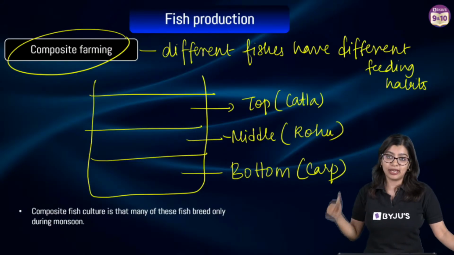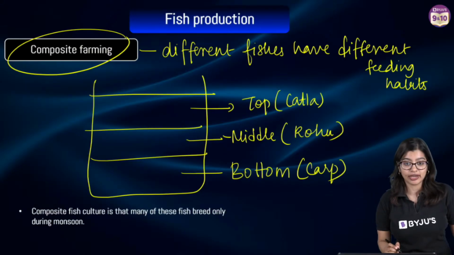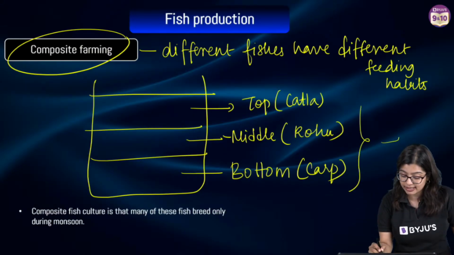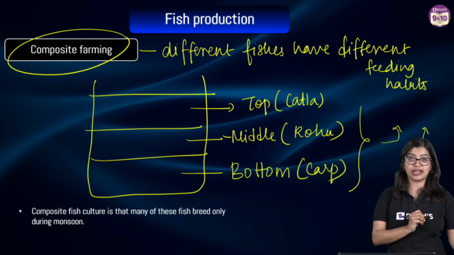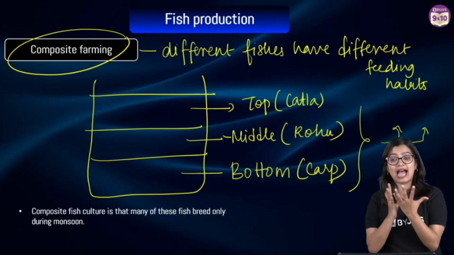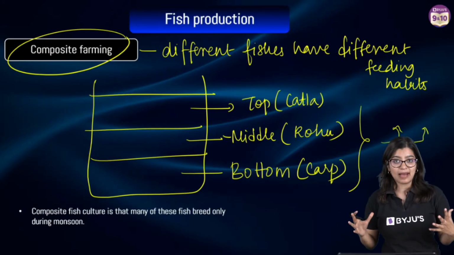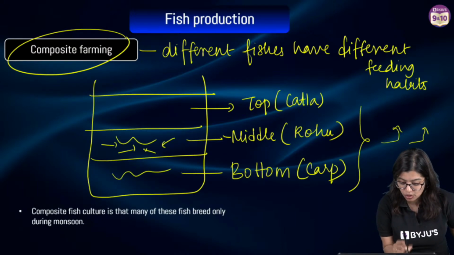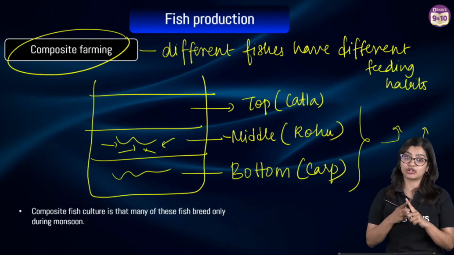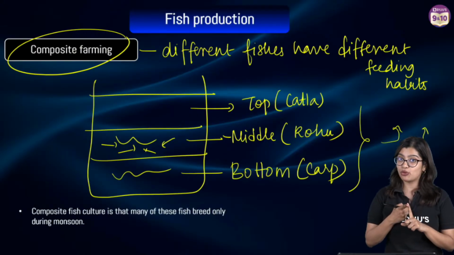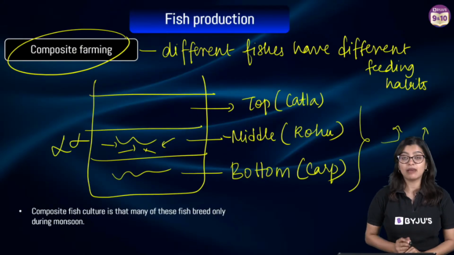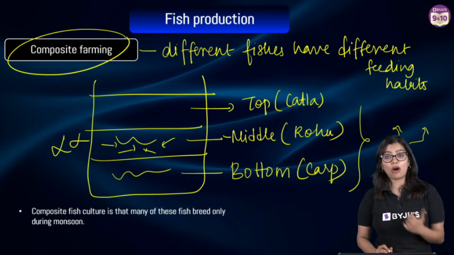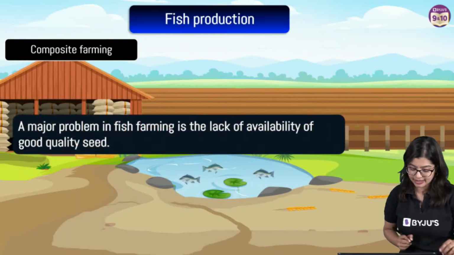So what will happen? In the same reservoir, I am able to get 3 different types, I am able to grow 3 at once. Otherwise, what will happen? If they are all found growing, let's assume all middle zone dwellers were there, there will be competition for food. If there is competition for food, what will happen? They will not be able to grow properly. Hence, composite farming is recommended.